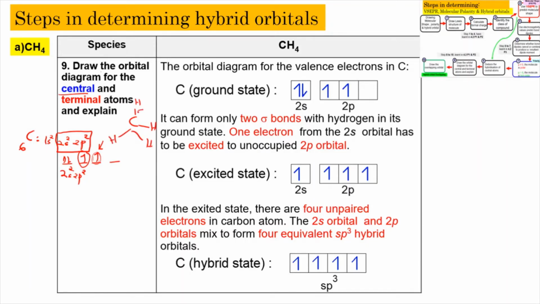It has 1, 2, 3, and 4 sigma bonds. But at our ground state, we only have 2 single bonds. So what's going to happen here is that one of the electrons in the 2s orbital, okay, so we have the ground state. Now we're going to focus on the excited state.